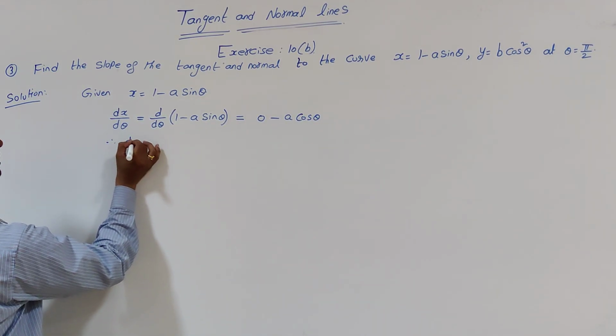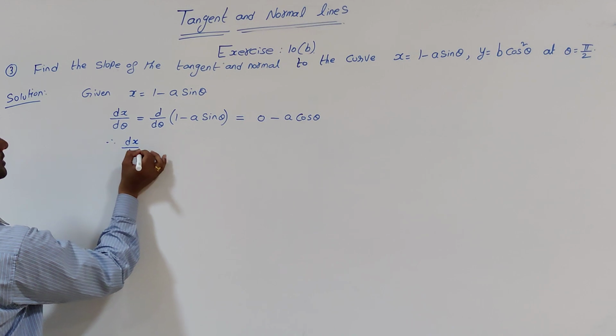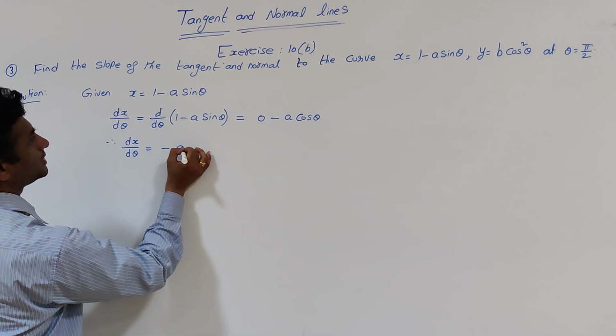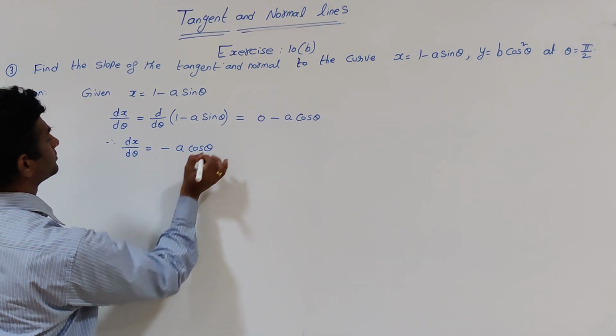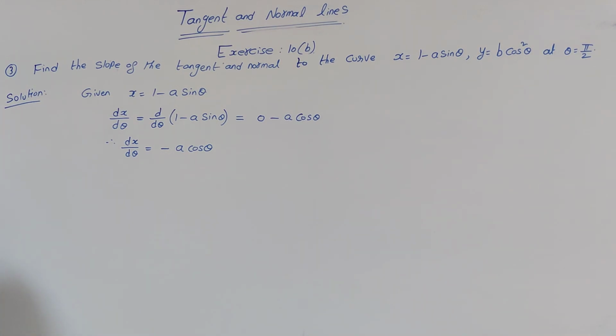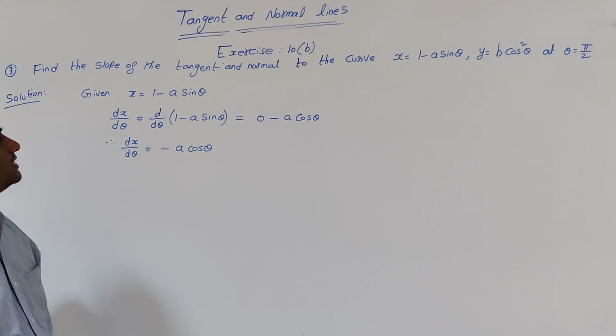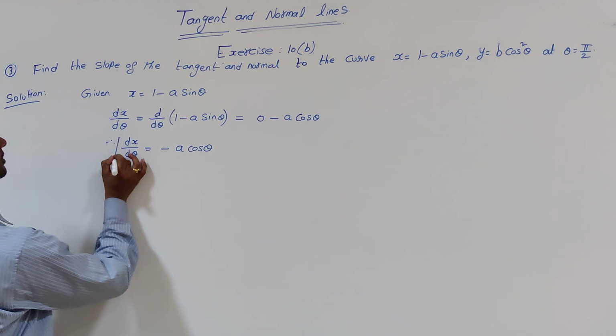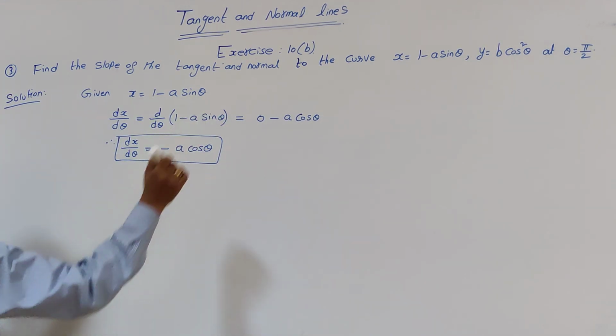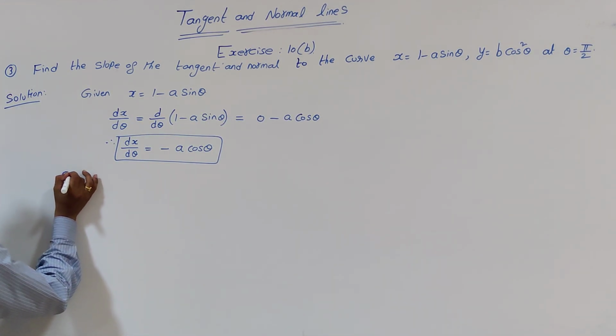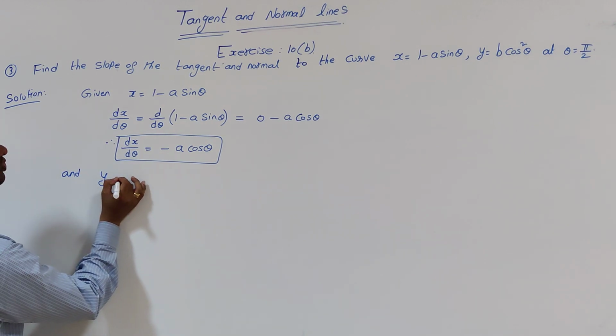So dx by d theta is minus a cos theta. Next, we will see the derivative of y with respect to x, and y is equal to what?